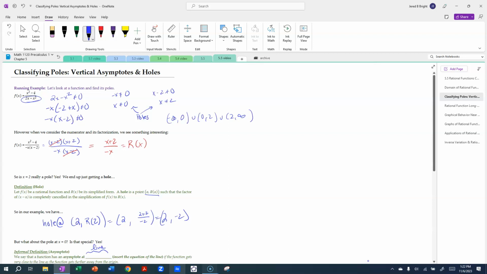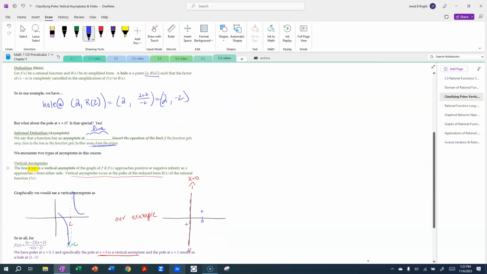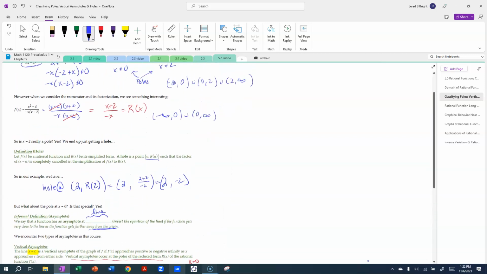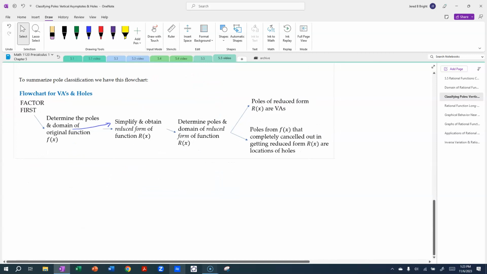And then r of x has domain negative infinity to 0, union 0 to infinity. Okay, 0 was still present in the reduced form, so that was our vertical asymptote, right? The pole at 2 ended up canceling out, so that was where we had a hole. So again, this flowchart is pretty useful, at least in helping us decide what happens at each of the poles.